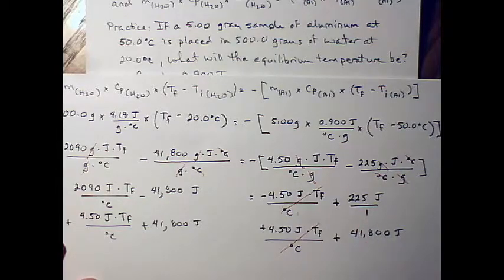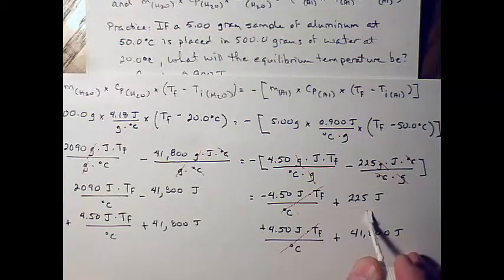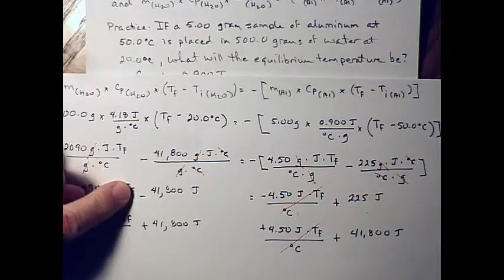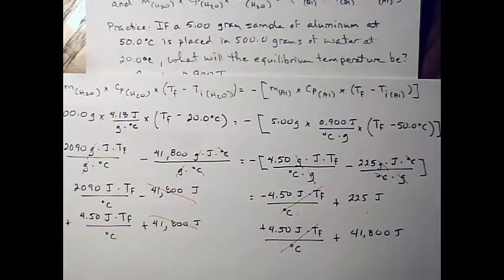I don't know why I put that over 1. I don't really need it over 1. It doesn't hurt anything. All right. So this minus term and this plus term are the same, so this all goes away. Okay, let's add these two sides up then.